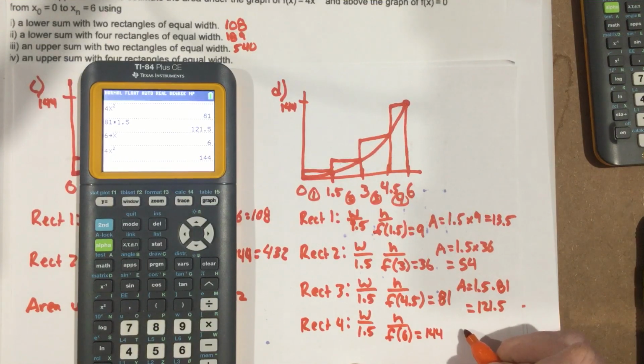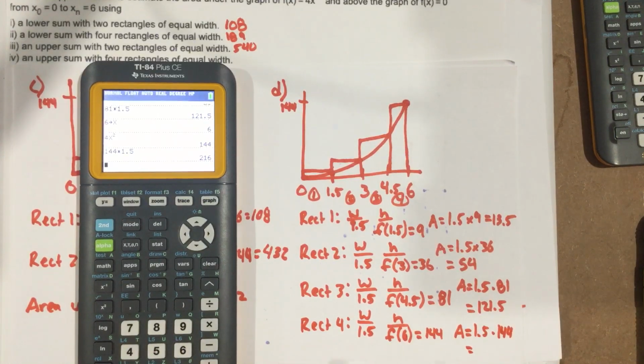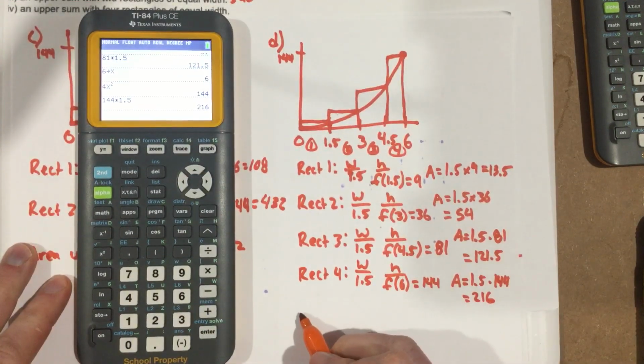So I end up with area equals 1.5 times 144. So the area is 144 times 1.5, 216.